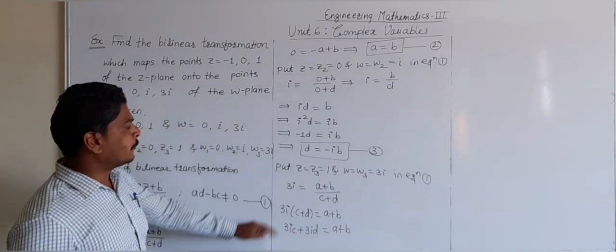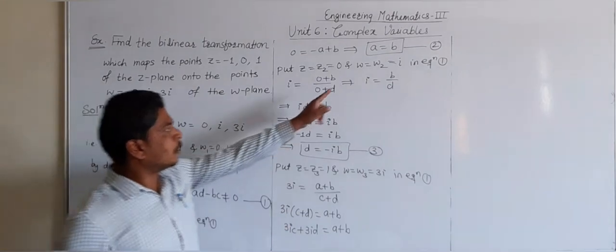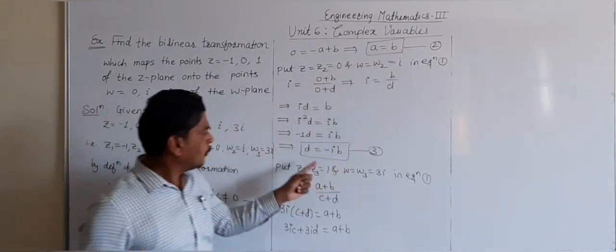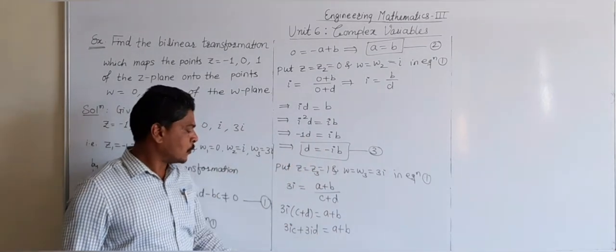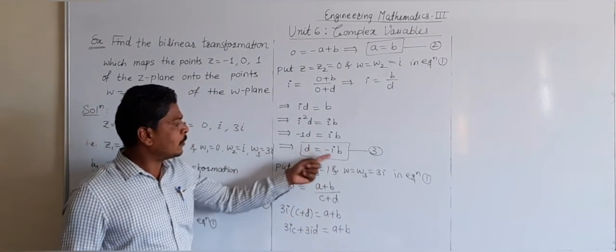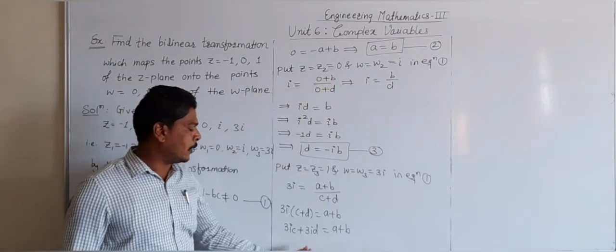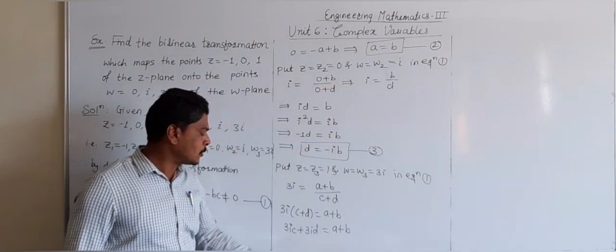But now our final requirement is to write C in terms of B, since here we have written A in terms of B, then D in terms of B. So we know the value of D in terms of B and the value of A in terms of B, so put these values in this equation.